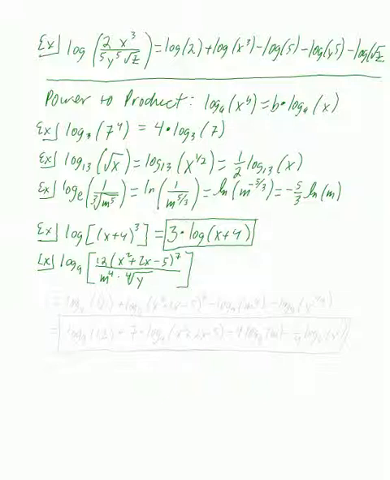Now I'm going to notice in the numerator, I have a 12 times x squared plus 2x minus 5. So those are two bases. That x squared plus 2x minus 5, I just need to view that that's one big base raised to the 7th power. Down below, so I'm going to have minuses in front of them, I have base m to the 4th power, and kind of hidden in there is base y raised to the 1/4 power. So here we go.